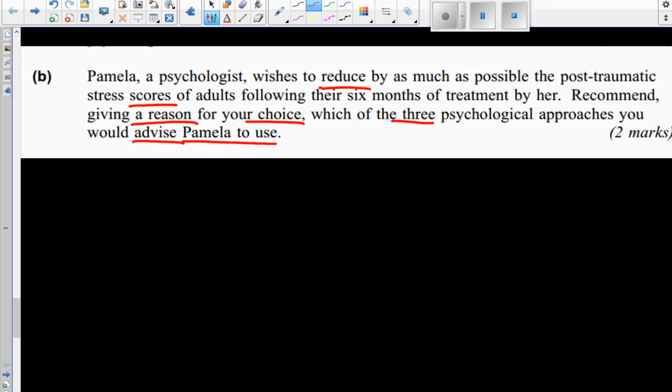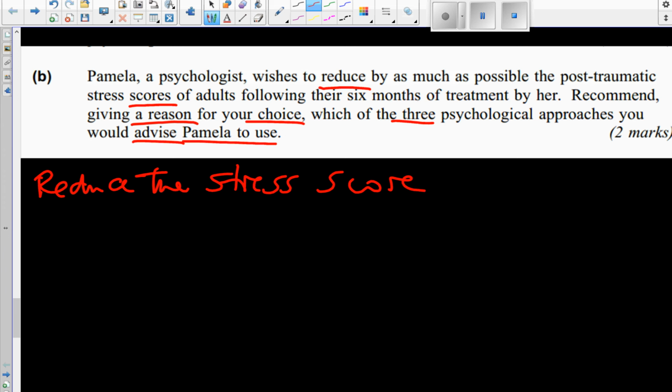So they're asking us to pick from those 3, and we need to use data we've already calculated, and the fact that what we're looking for is to reduce the stress score. That's important. We're looking for therefore the one with the lowest rankings, because from the data we got earlier we know what the rankings are for the different treatments.